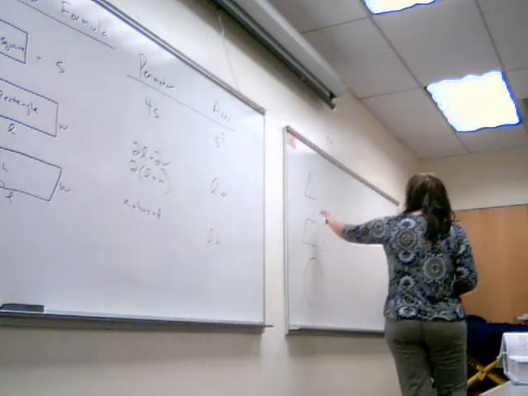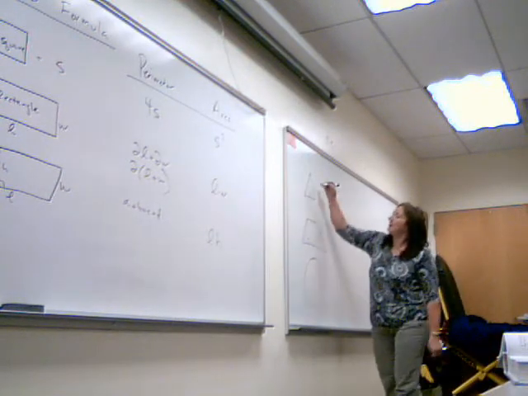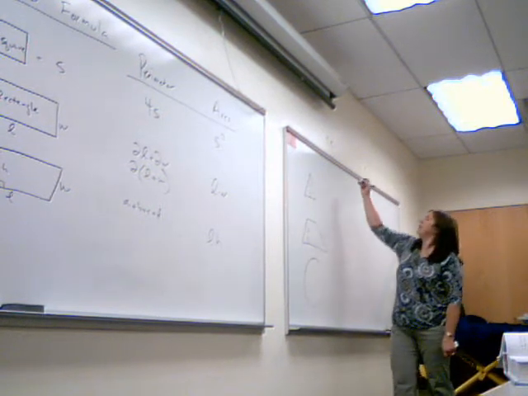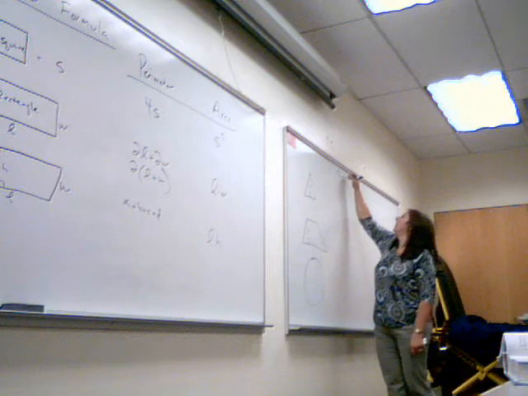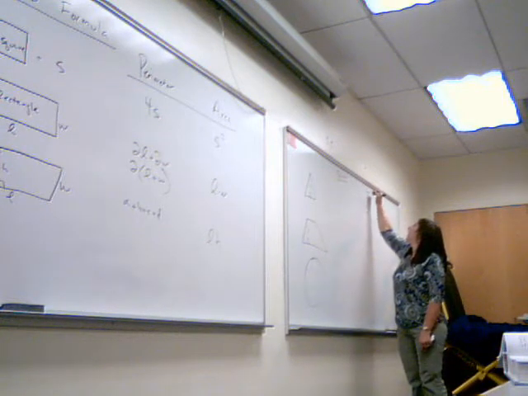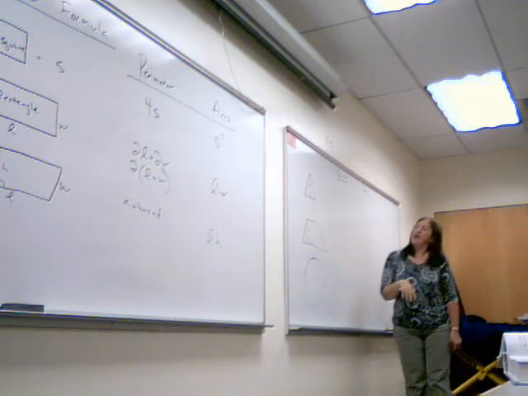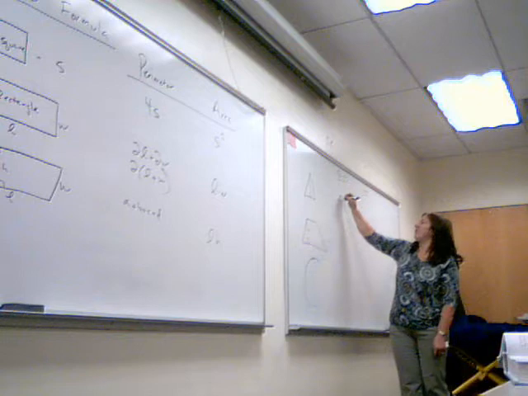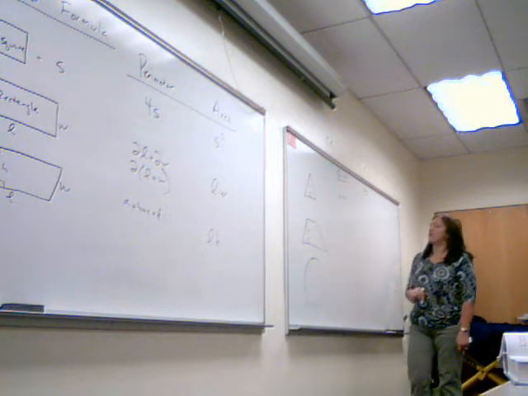Okay, what about my triangle? Now again, you're going to have heights here. Okay? And with my triangle, well, I'm just going to add up all the sides. So that's just A plus B plus C for perimeter.